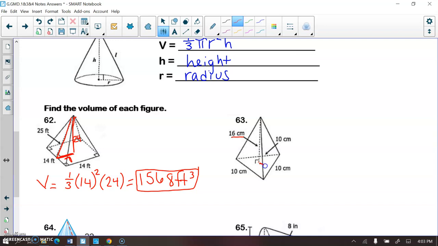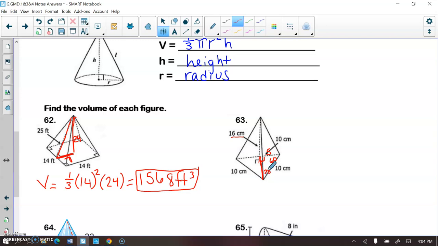So drawing the height this way, that means that this is 5 here, and this is an equilateral triangle, so that means that this angle is 60 and this angle is 30.